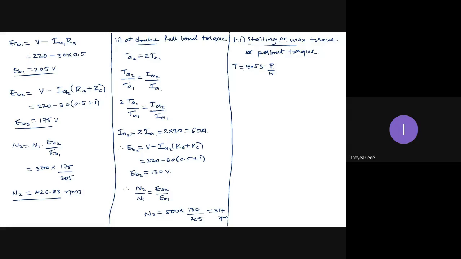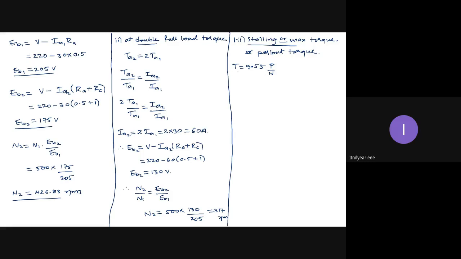So TSH is equal to 9.55 P out by N. If I want armature torque, TA, I should take armature power. So TA is equal to 9.55 PA divided by N, where PA is EB into IA.